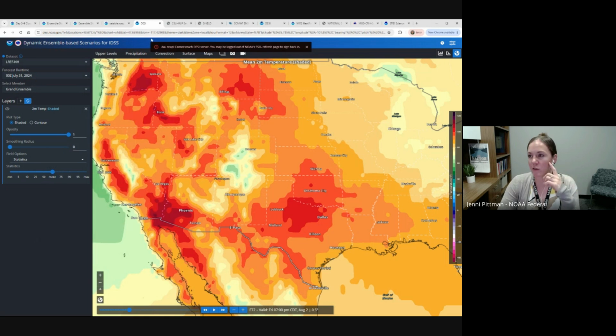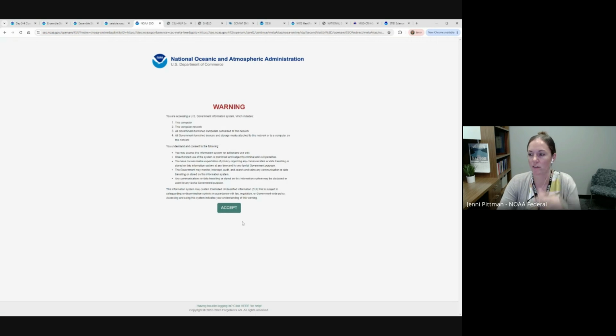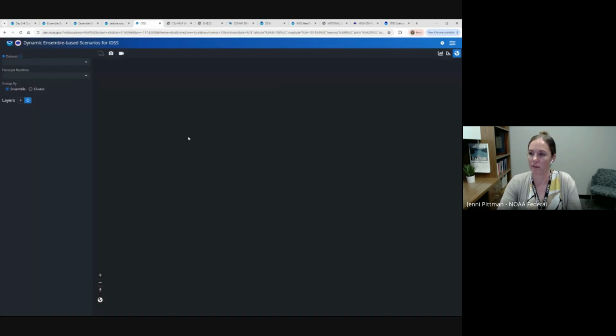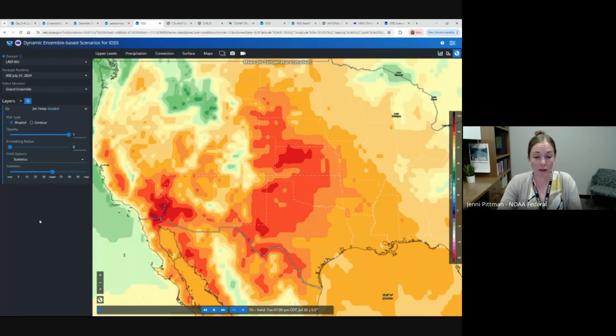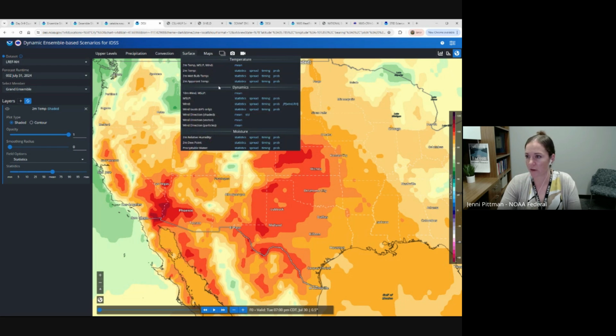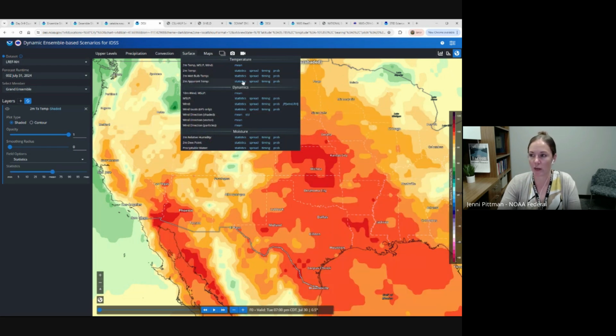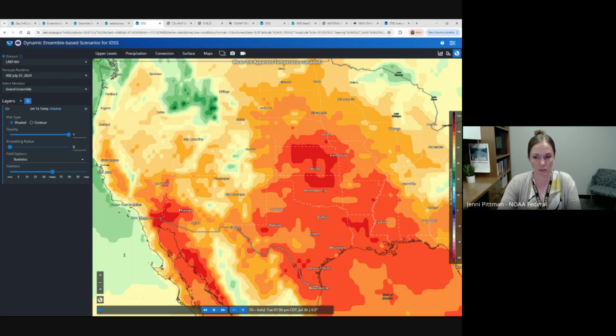And one of the things that you can look at, let me refresh it since it says I'm not reaching the DESI server. Probably logged me out. Okay, so one of the things that you can look at is apparent temperature, which is pretty hard to look at through some of the other means. So here you can look at your statistics, your spread, your timing, and probabilities for apparent temperature as well.